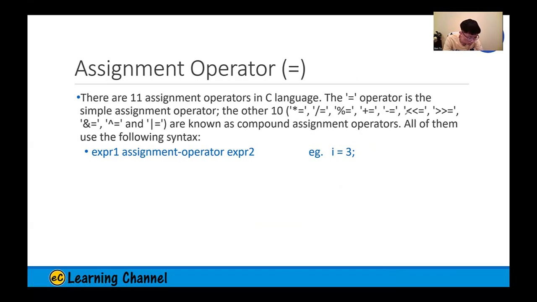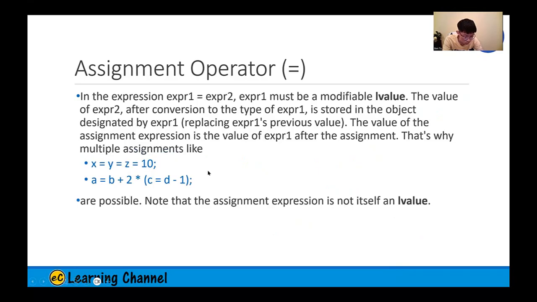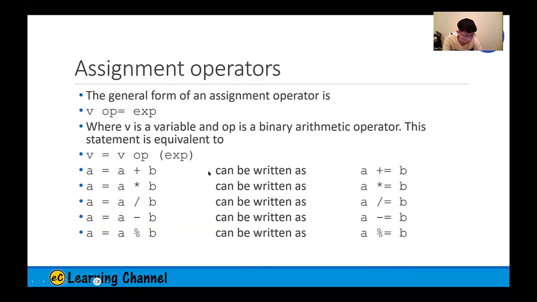It has more of the shifting equal. So A equals A shift left by 1. You can write A shift left by 1 bit. So the previous one that I used, you can use this one. Okay, that's fine.